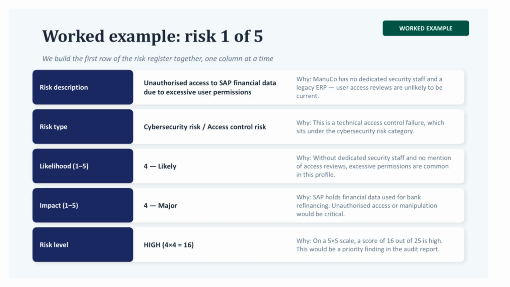If it were a bank or hospital, the impact would be 5. Now the risk level: 4 times 4 equals 16. On a 25-point scale, it is a 16, which is high. In a real engagement, a high finding goes to the audit committee and requires a management response within 30 to 90 days. This is not a nice-to-fix-eventually situation.